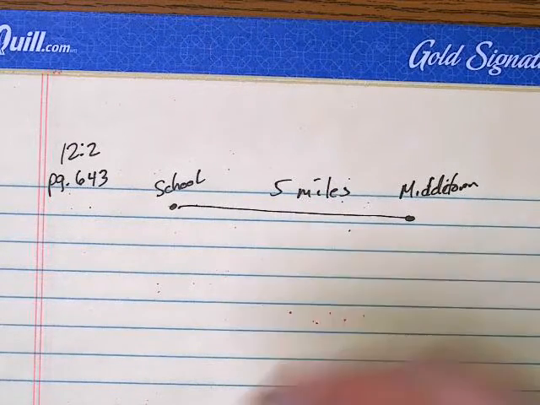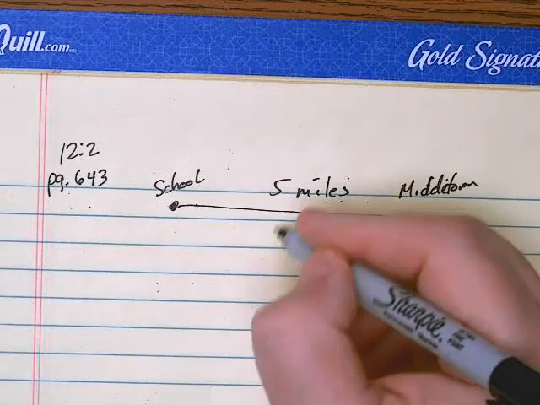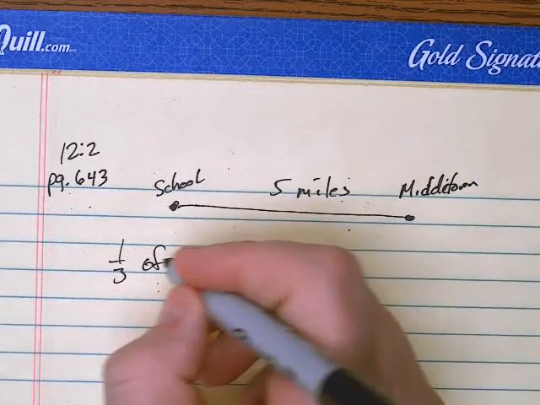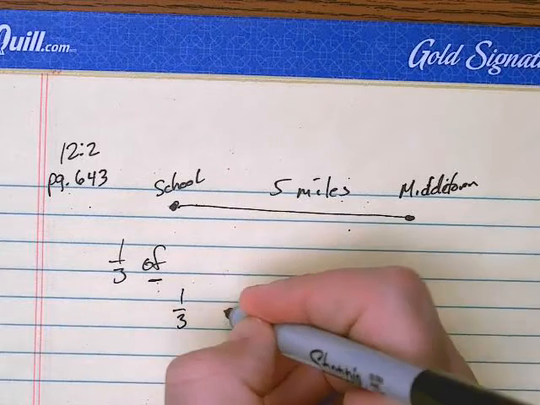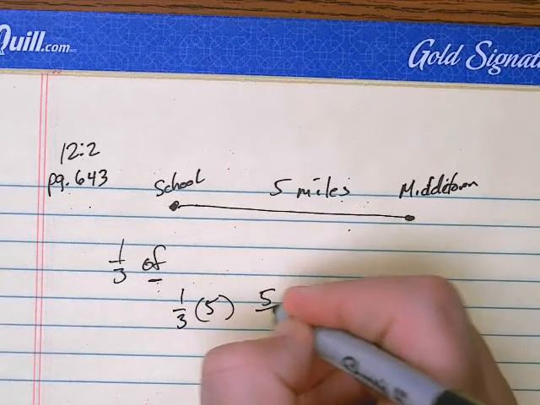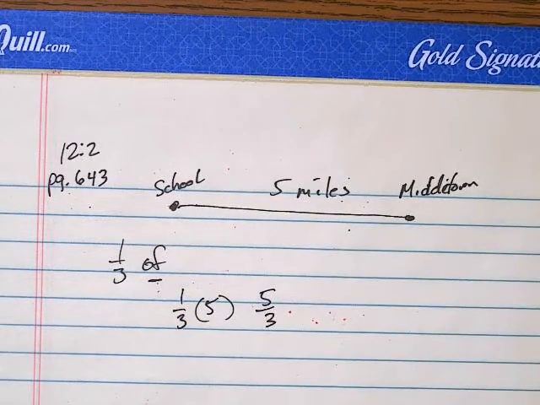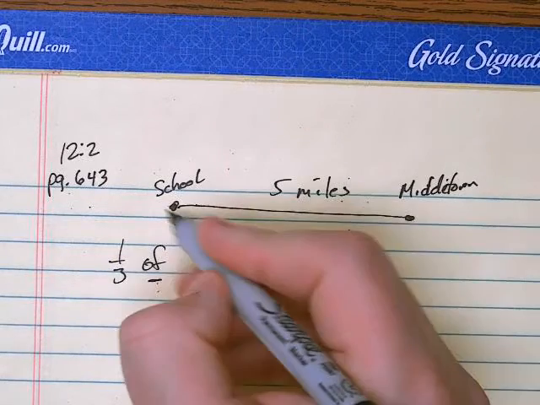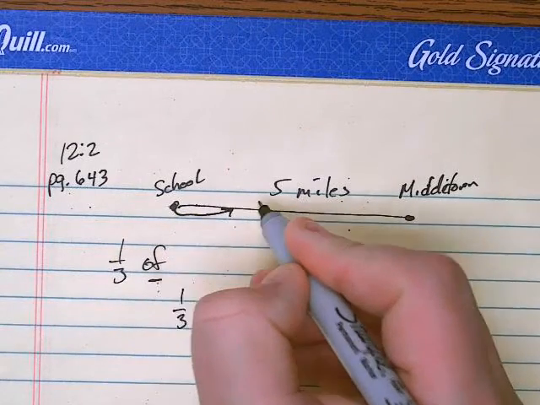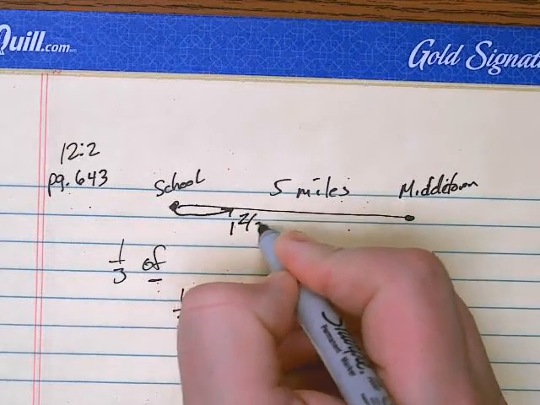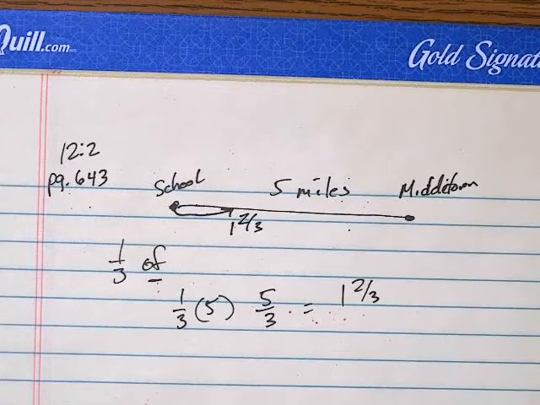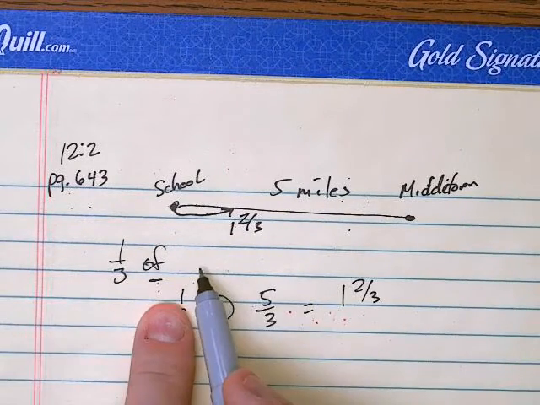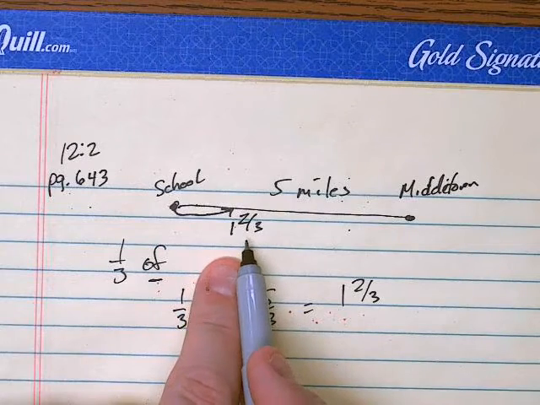If we wanted to go 1/3 of the distance, anytime that we see the word "of," that means multiply. So that means it'd be 5/3 or 1 2/3 miles away from the school. Does that make sense? So if I want to go 1/3 of the distance, I've gone 1 2/3 miles.